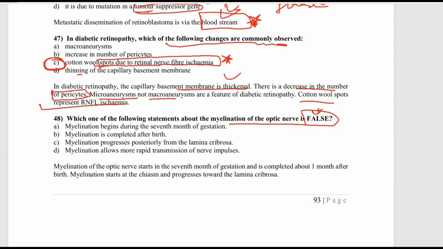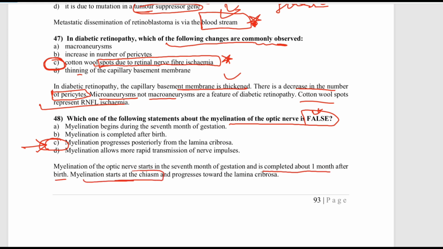So the wrong option here is myelination progresses posteriorly from the lamina cribrosa, because myelination starts in the 7th month of gestation and is completed about 1 month after birth.